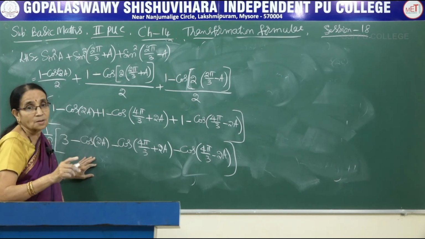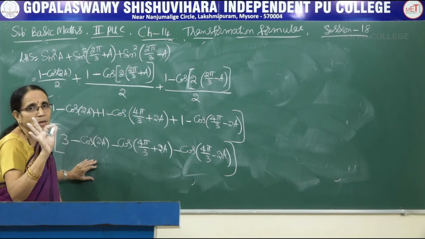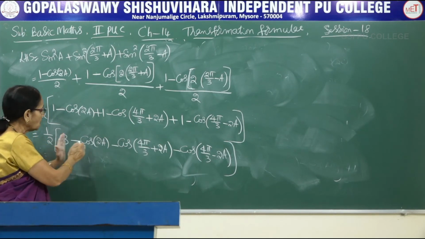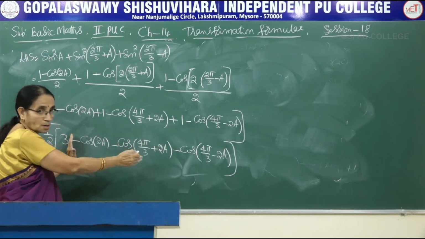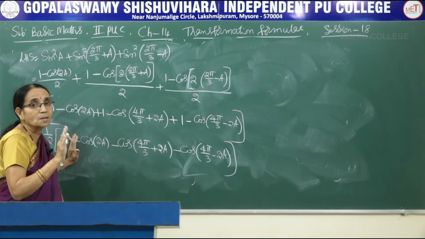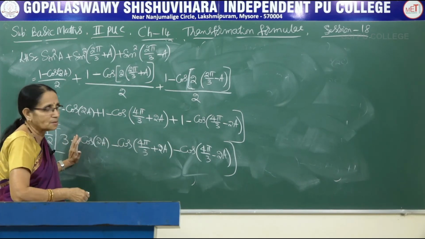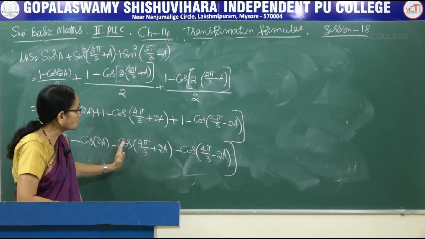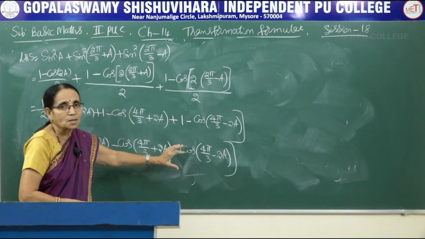Now look at the right hand side. The right hand side was a number 3 by 2. So only these 3 should remain. All these terms, now what I have got here, 3 terms, they should get cancelled. We cannot directly cancel as it is. Don't cancel plus 2a minus 2a like that. It is not correct. So it is cos of that angle and cos of that angle.